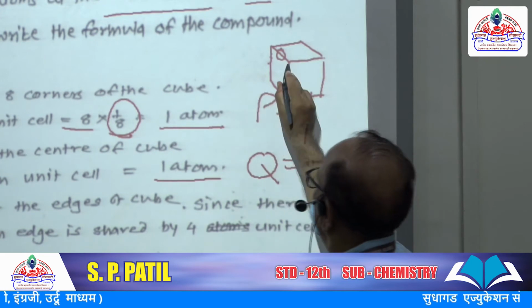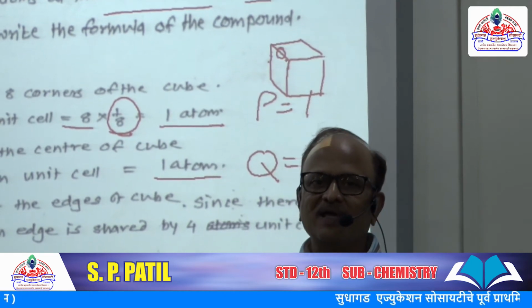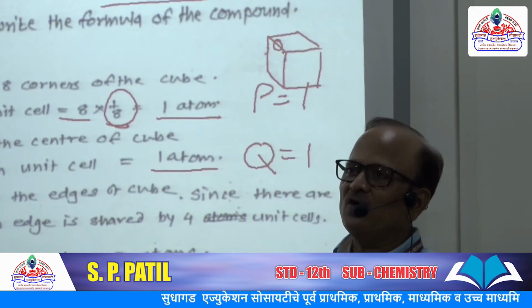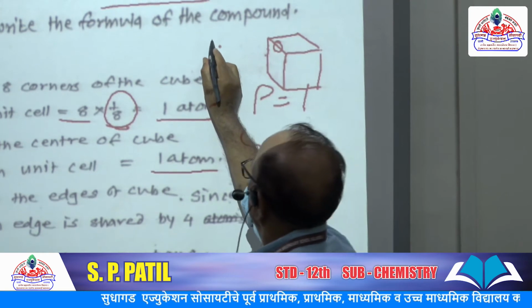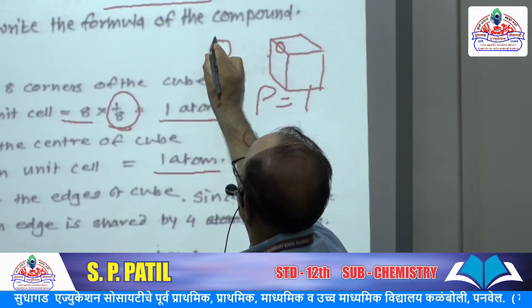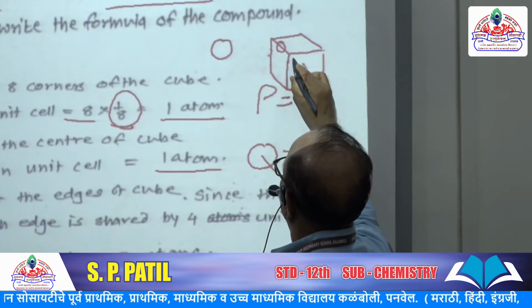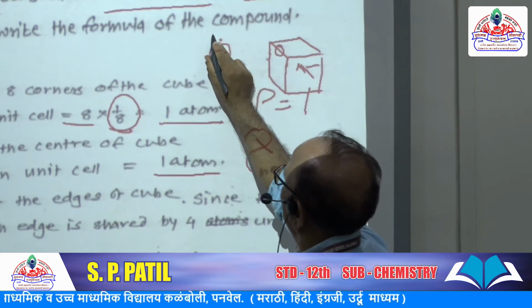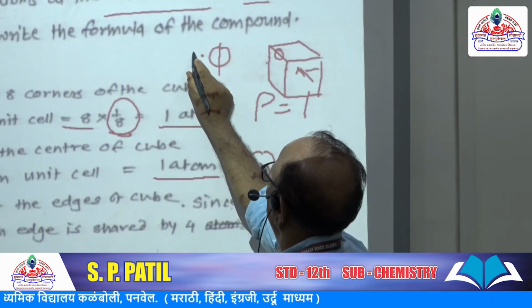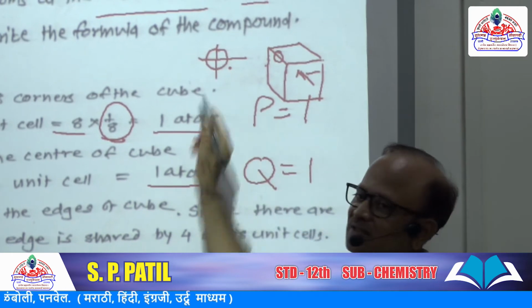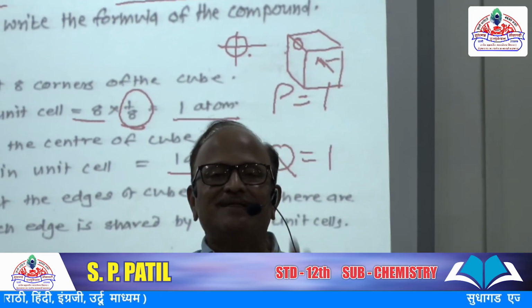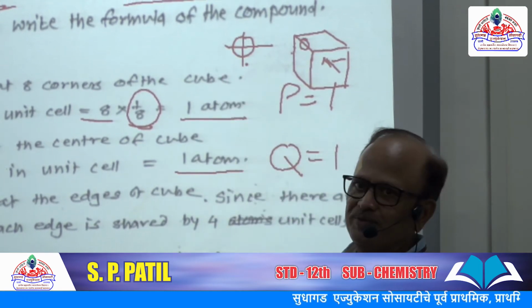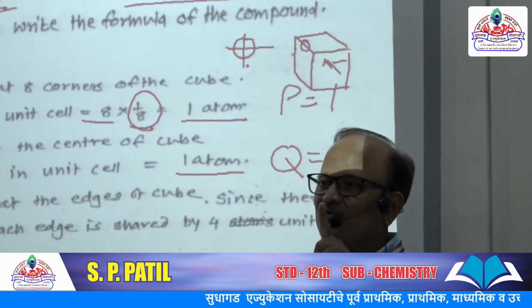This complete atom is shared among 4 neighboring cubes. Suppose from the front view we see that 1/4 part of the sphere is distributed in each of the 4 neighboring cubes. This is for one edge.